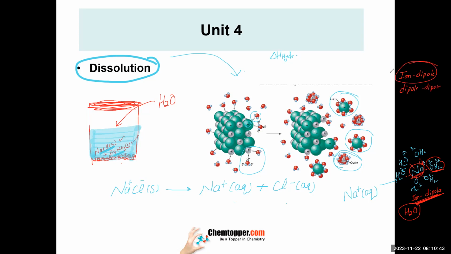Ion dipole is even stronger than hydrogen bonding. Children, is this question clear? When these ions go in the water, they make ion dipole attractive forces and they get hydrated. Is this picture clear, children?